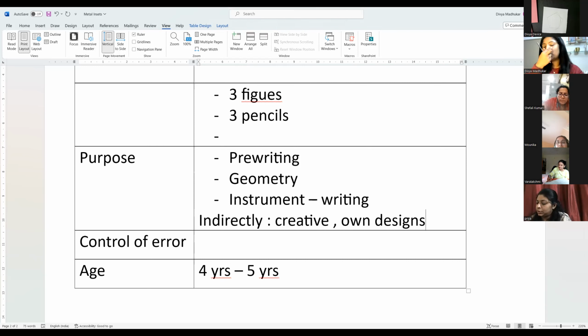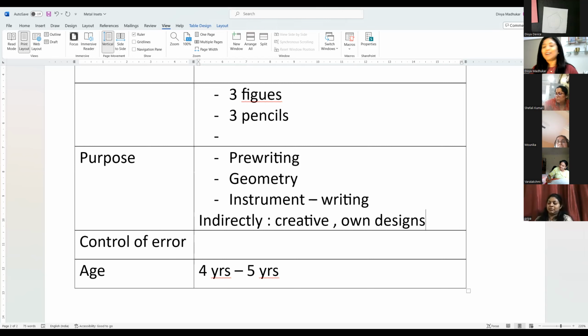Now, I want each one of you to draw a circle and make any pattern. Different patterns you have to make. Let's see how many different patterns we will get. Use a lot of your mind and go a little out of the box and make patterns to fill in.